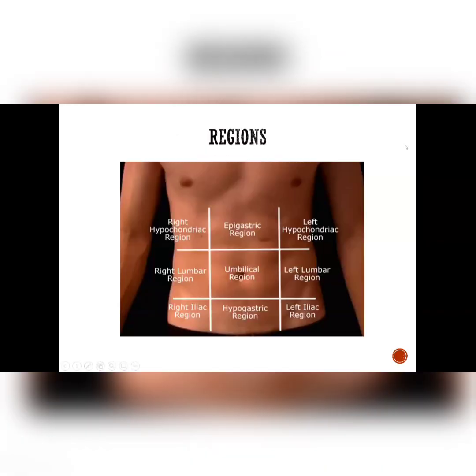Now you need to know about the regions of the abdomen. Within this diagram, the abdominal wall is divided into 9 regions. We will learn the details right now. So if you are asked anatomically, how many regions is the anterior abdominal wall divided into?